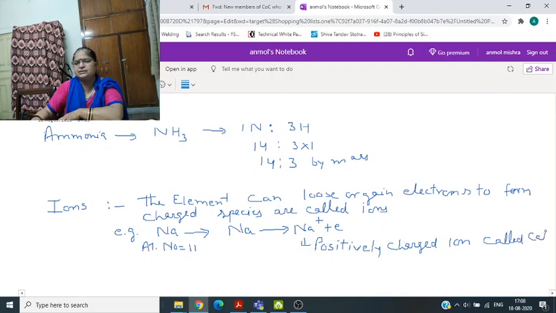The species which have positive charge are called cations. Now who will form cations? Those which can easily lose electrons. So metals can form cations.